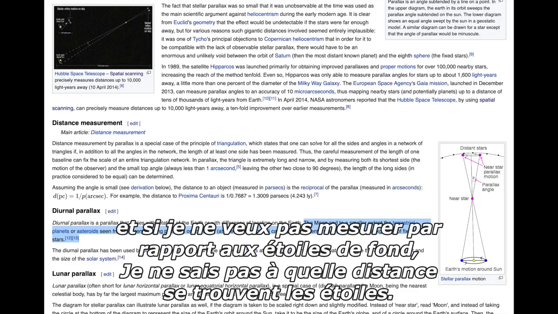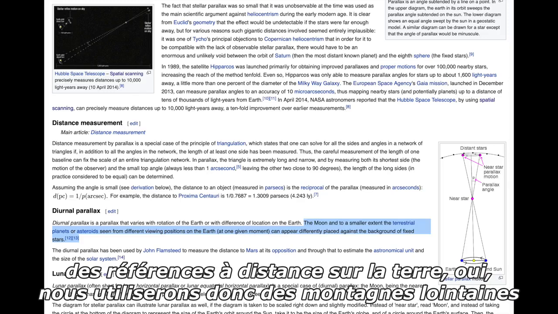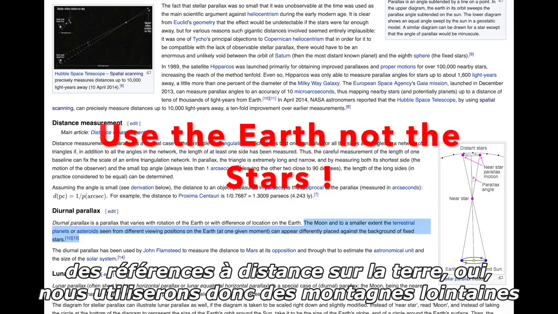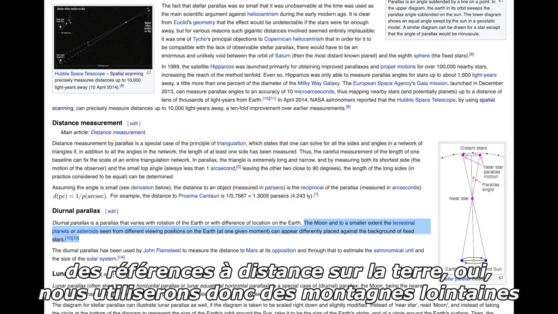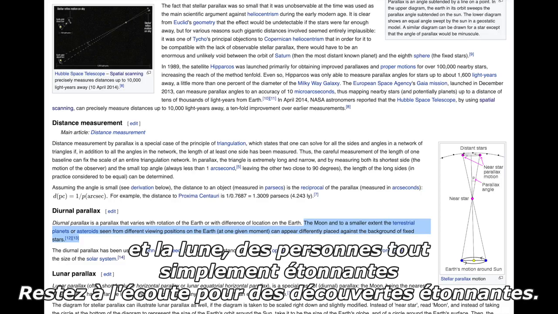I don't know how far the stars are. Why speculate about things that we can't really touch when we have references of distance on the Earth? So we'll be using distant mountains, and we'll simply be measuring the distance to the sun and the moon. Just incredible, folks. Stay tuned for some amazing discoveries.